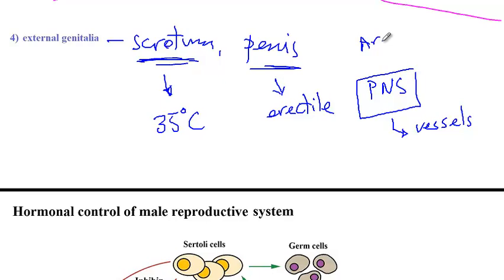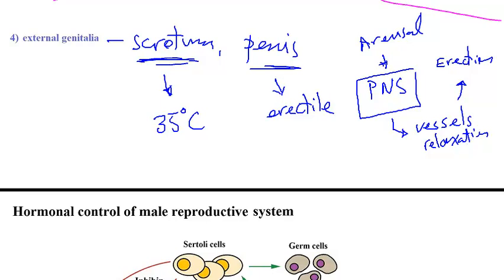As a consequence, more blood will enter the penis and cause erection. So now we are having erection from relaxation of the blood vessels.